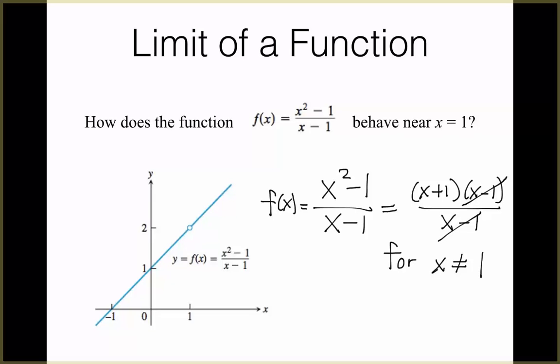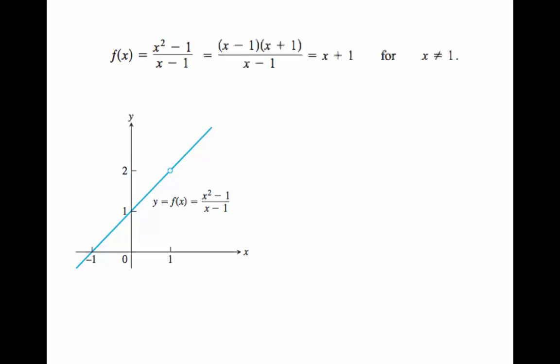So for x not equal to 1, f of x simply reduces to the expression x plus 1. That's why the graph of this function f looks like a straight line, because the function f of x acts like the function y equals x plus 1 for any value of x other than 1. So the function f of x can be simplified to just equal x plus 1 for any value of x other than 1.